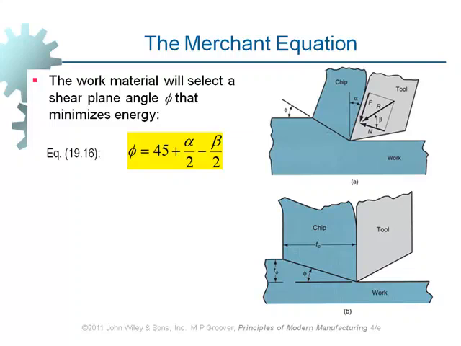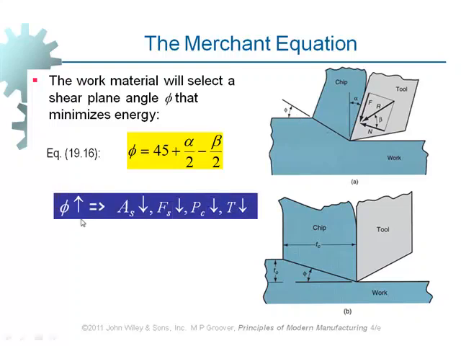And it is telling us about what? About this angle, phi, which is a function of alpha and beta. This angle, which is the shear plane angle, plays a very important role in the resultant parameters of machining. When phi increases, As decreases. What is As? The area of shear.